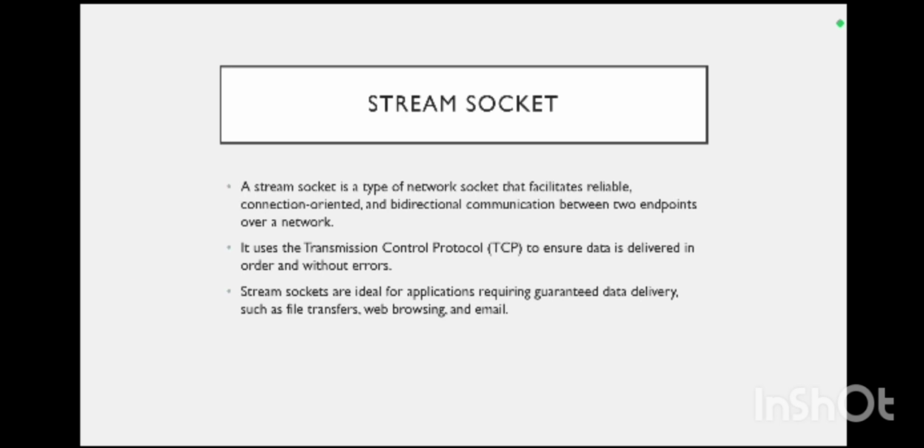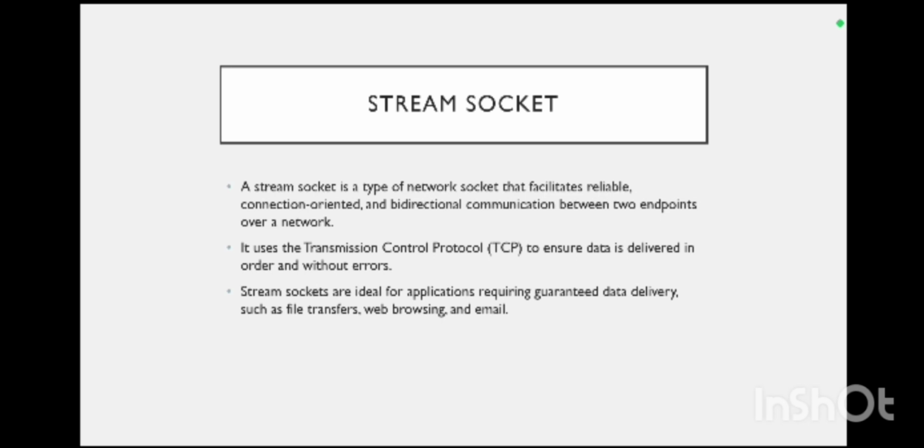Second one is stream socket. A stream socket is a type of network socket that facilitates reliable, connection oriented and bidirectional communication between two endpoints over a network. In a computer operating system, a stream socket is a type of interprocess communication socket or a network socket which provides a connection oriented, sequenced and unique flow of data.